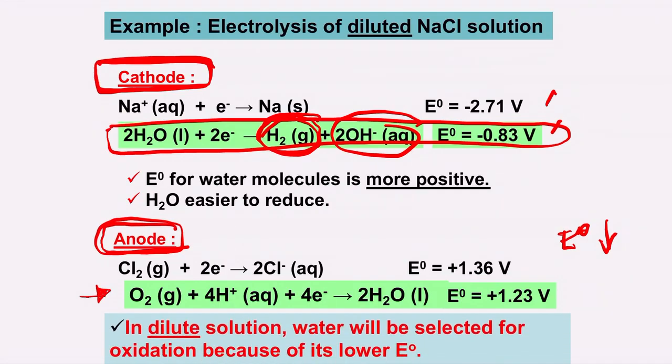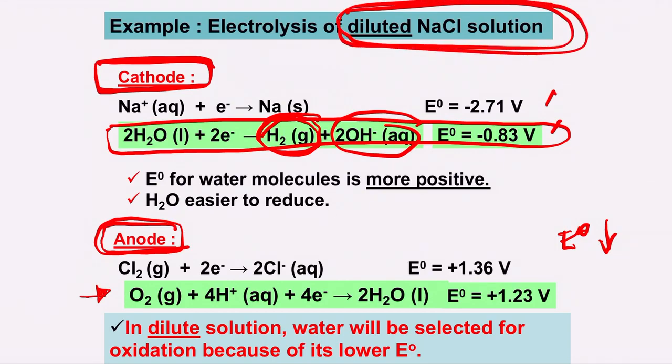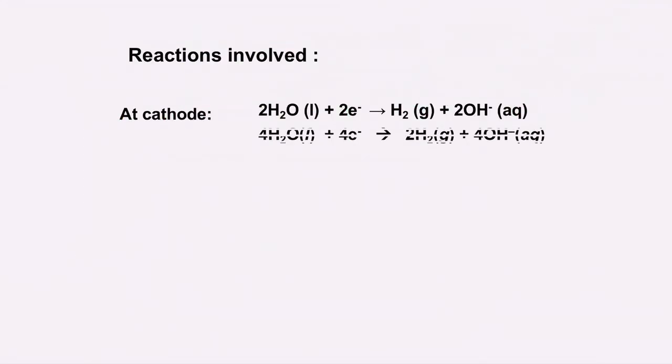In dilute solution, water will be selected for oxidation because of its lower E0. So for any diluted aqueous solution, your water will be selected for oxidation, because it has a lower E0 SRP.